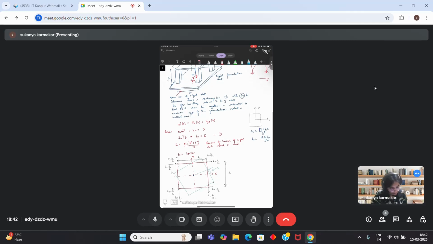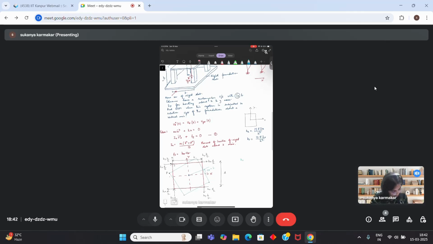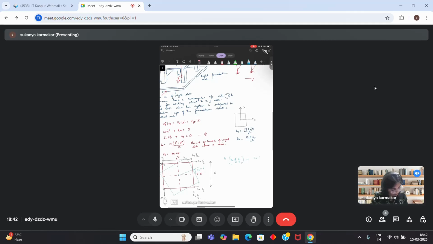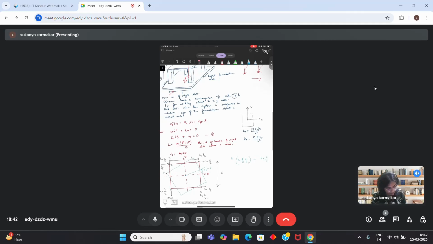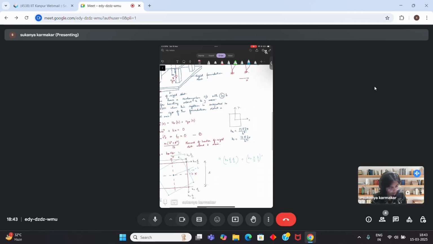So kx into d by 2, and we are taking moment about this point, so d by 2. And how many such forces are there? Four such forces are there, plus ky into d by 2, and it is at a distance of b by 2 from the center, so b by 2, and there are four such things.